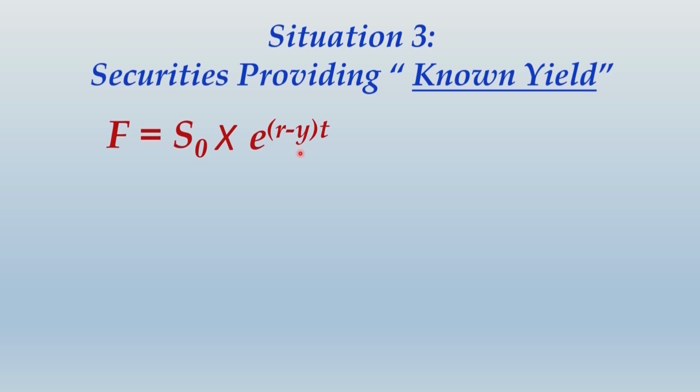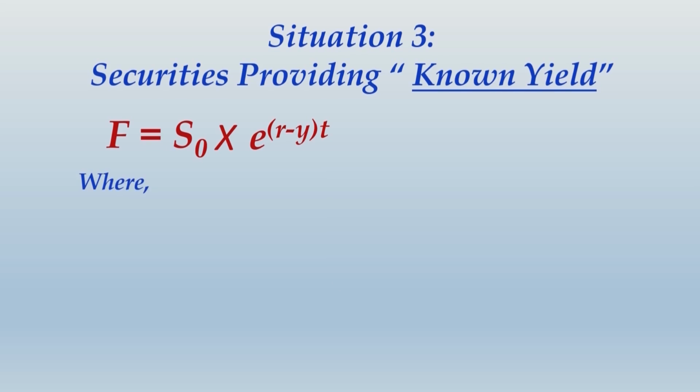In the example I have just given, if you have borrowed from the money market at 12% and the security is providing you a yield of 8%, you borrowed at 12% and you are earning 8%, so the net interest cost that you incur will be just 4%, 12 minus 8. That's all you have to do differently over here.